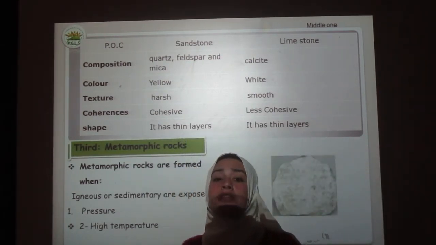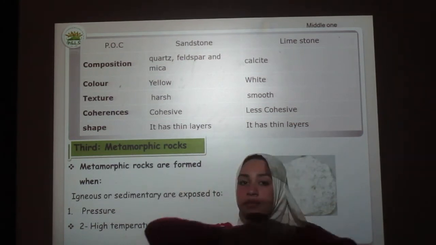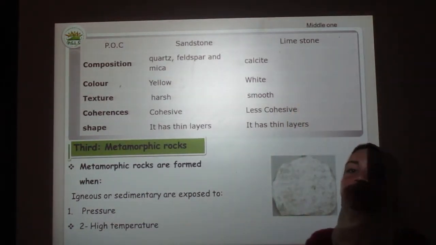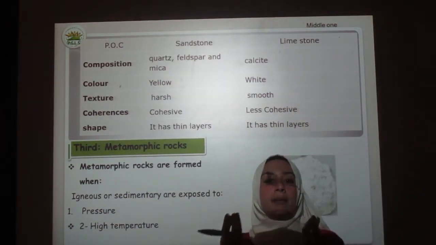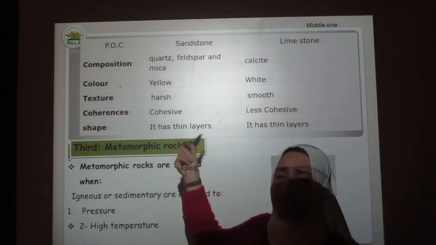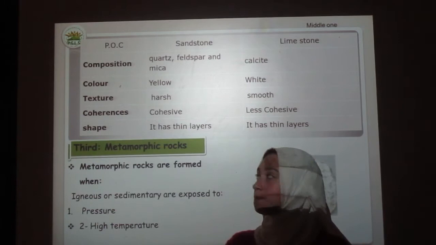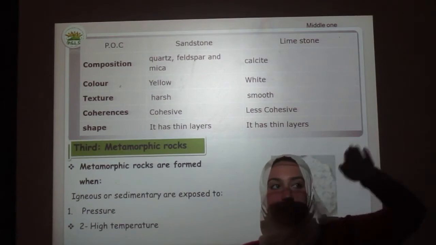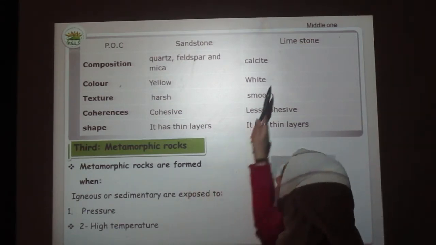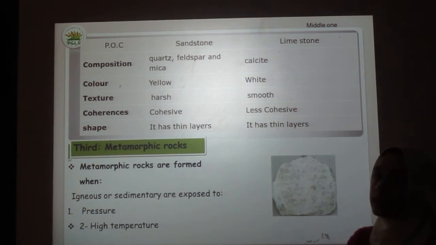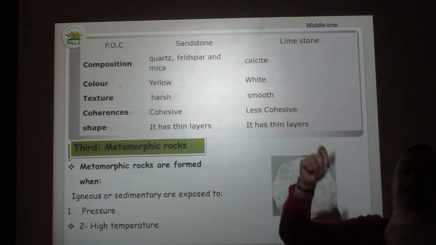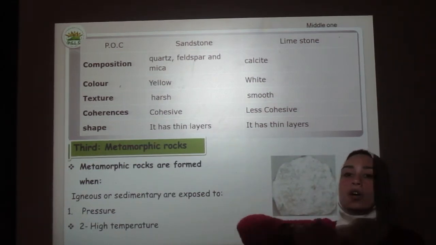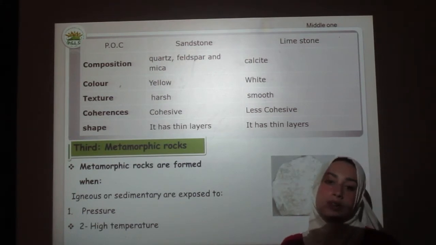The cohesion: sandstone is cohesive, while limestone is less cohesive, it can fragment easily, while sandstone is a strong rock. Its shape: sandstone has thin layers one after another, while limestone has a thin layer only. So limestone is easy to break. Why is sandstone strong? Because it's a cohesive rock.